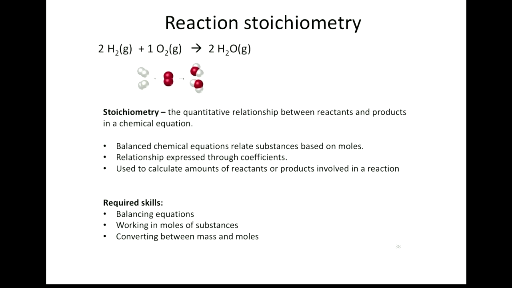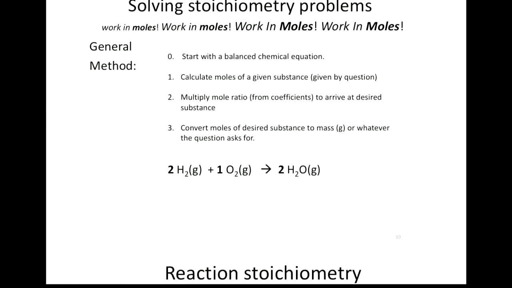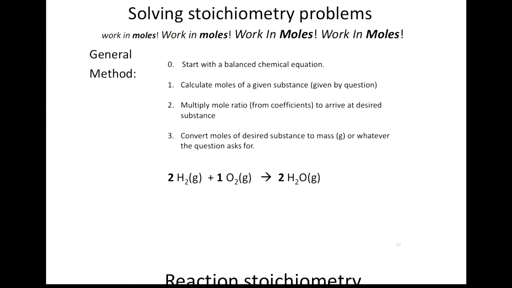I like to call the unit of moles our ticket to ride the bus, which is the balanced chemical equation. You need to be in the unit of moles. Again, 2 moles of hydrogen will combine with 1 mole of oxygen, which will produce 2 moles of H2O. It's not gram amounts, it's mole amounts.